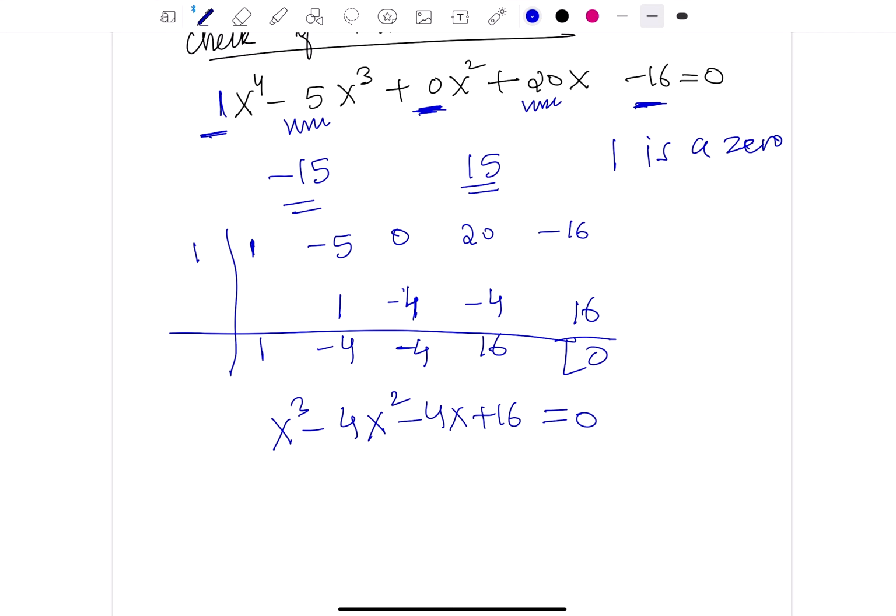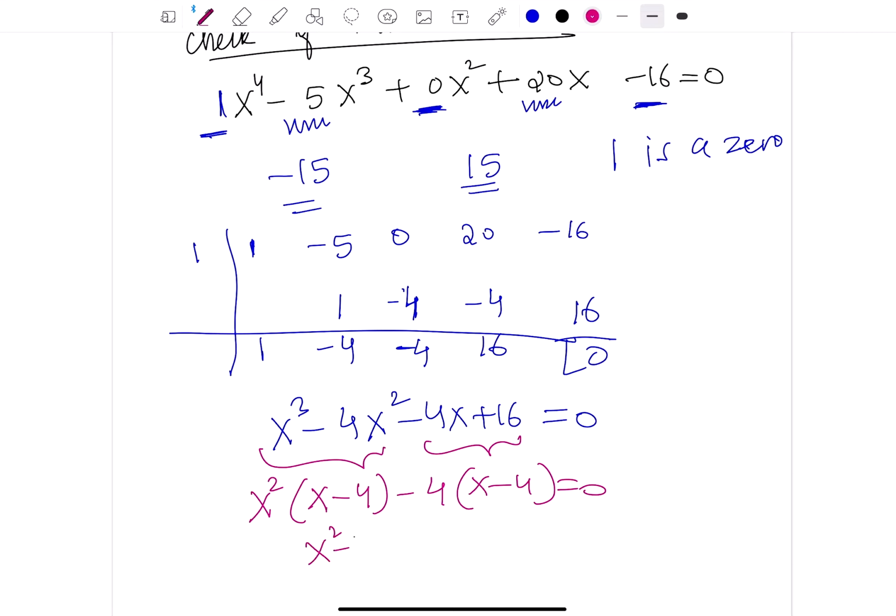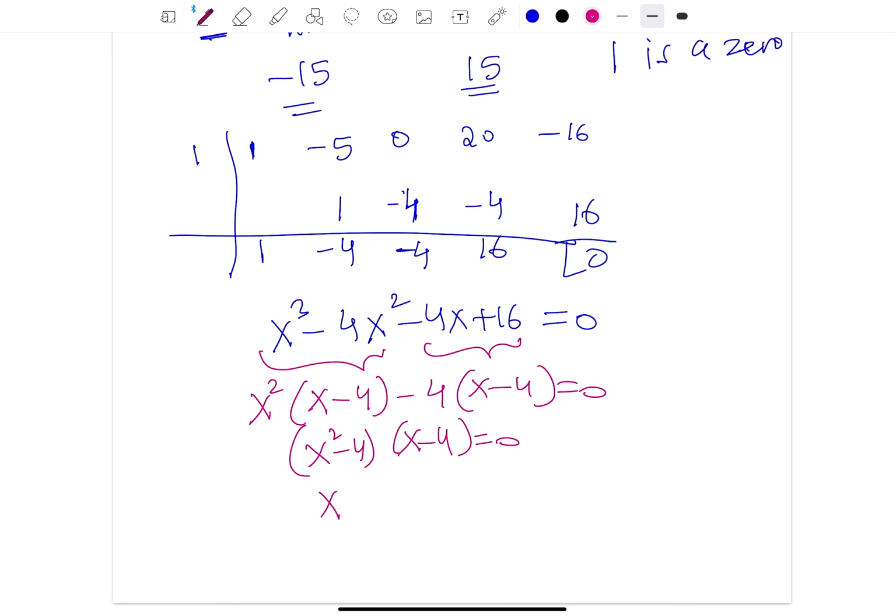But it looks like this polynomial is factorable. I can factor by grouping. If I pull out x squared, I would have x minus 4 inside. Pull out negative 4, x minus 4 inside. So x squared minus 4, x minus 4 is 0. x plus 2, x minus 2, x minus 4 is 0.